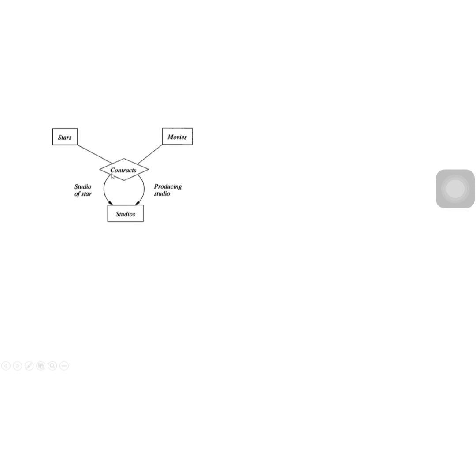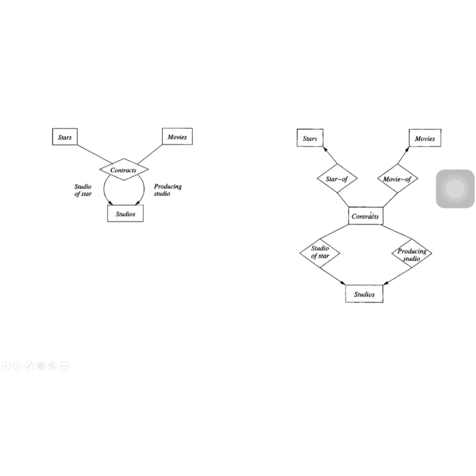If we want to convert this ER diagram to relations, firstly convert the multi-way relationship to a connecting entity set, and build the relationships between the connecting entity set and the other entity sets.